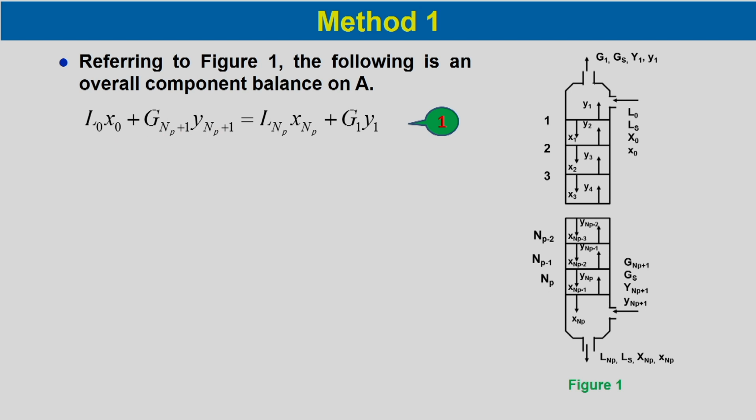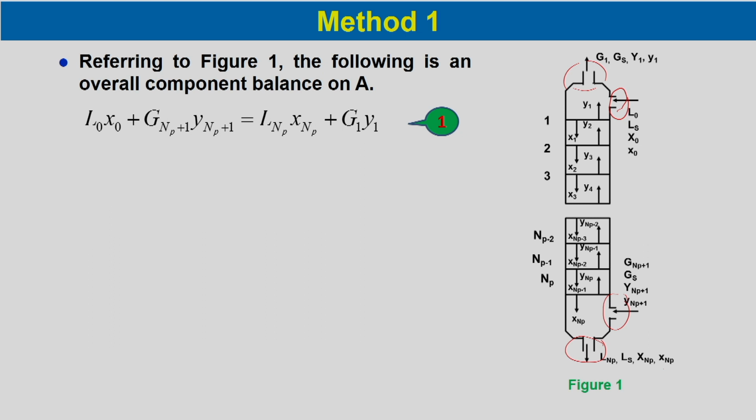So, this is entering: L naught x naught which is entering over here, and the gas which is entering over here is G N P plus 1 into Y N P plus 1 should be equal to the coming out of that component at bottom, which is L N P into X N P, and then the gas which is going out at the top is G 1 Y 1.